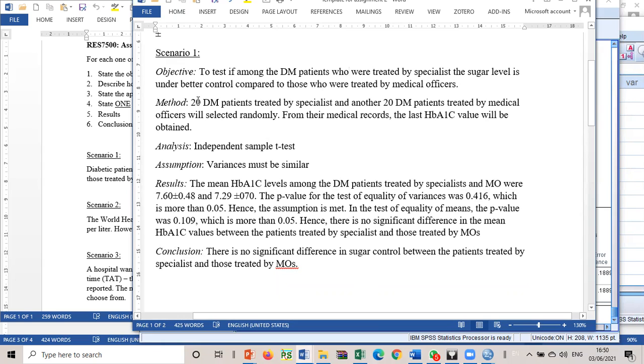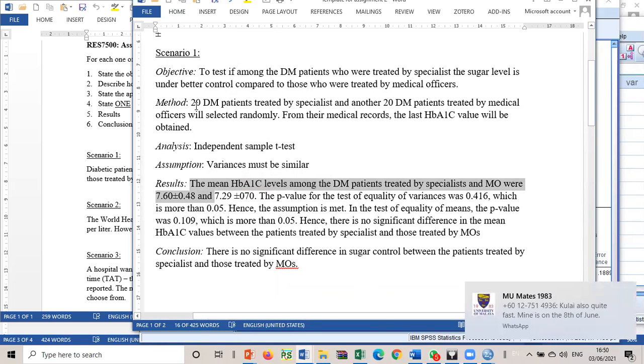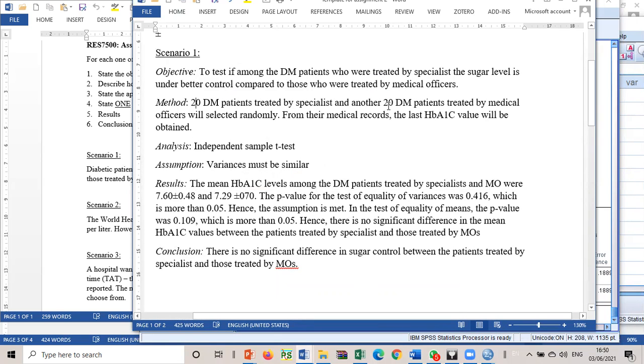Method, we take 20 patients treated by the specialist. This 20 is the number, okay? You look at the data and see how many are in the data. Here we have 40, you put 40 according to the data, by specialists and by medical officers randomly. Where you get the data, we are going to take the blood results from the medical record. You take the 40 medical records and check the last known HbA1c and record it.